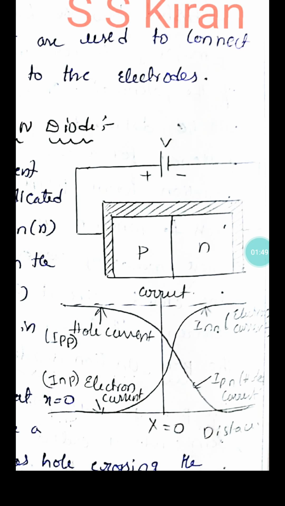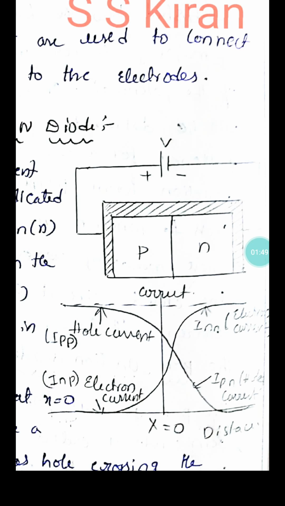Just read the theory and you can understand the different types of current components in the PN diode. IPN, INP. IPN we can call the hole current. What about INP? This is the electron current in the P side. These are the current component equations: IPP(x) is equal to I minus INP(x). Just write these equations, this is more than enough.